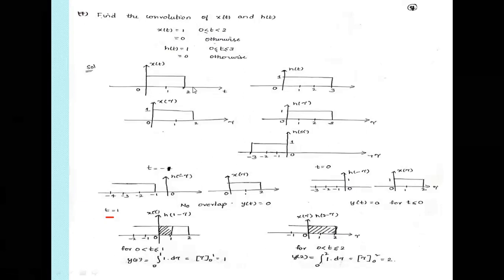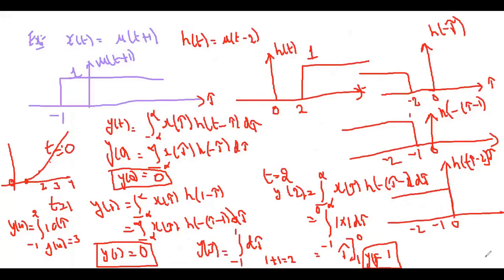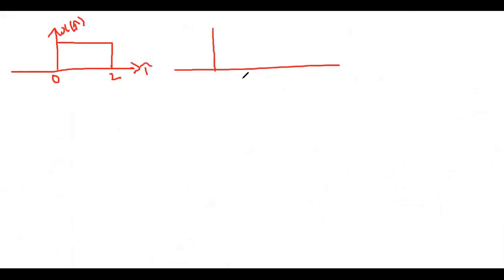The x of t is 0 to 2, and h of t is 0 to 3. The x of tau we consider as the tau variable, and h of t is given 0 to 3. Now I am taking h of tau as a dummy variable, the tau variable 0 to 3.